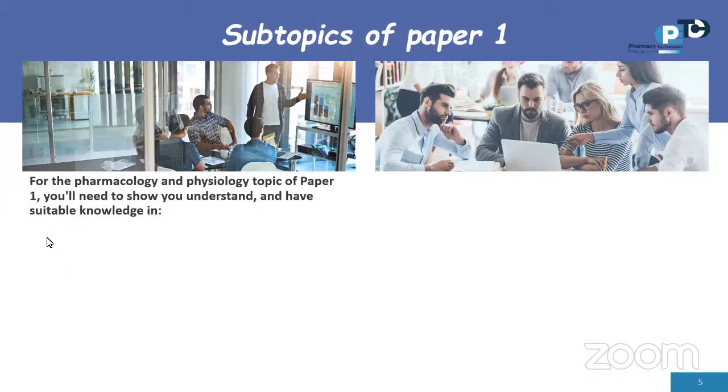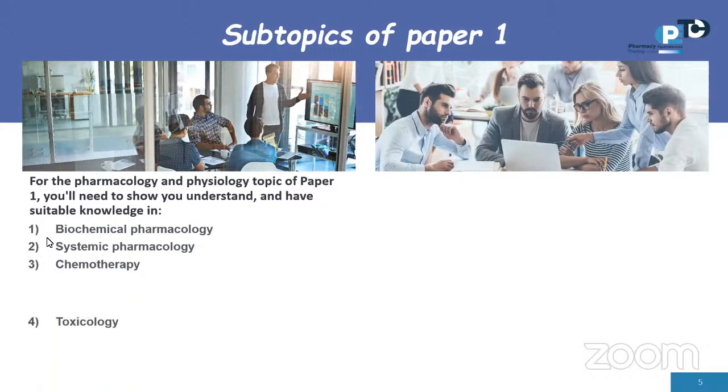For the pharmacology and physiology topic in paper 1, you need to show your understanding of the following subtopics: biochemical pharmacology, systemic pharmacology, chemotherapy, toxicology, pathophysiology, general physiology.